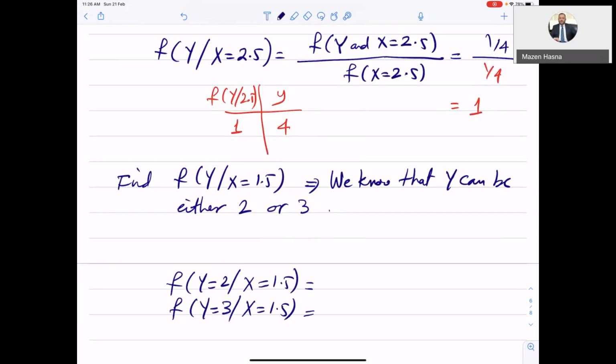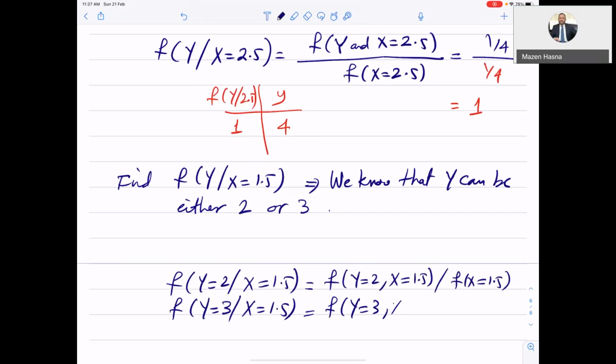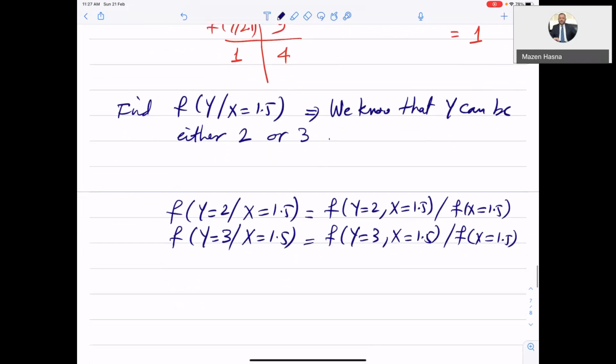The first one is f of y equals 2 and x equals 1.5 divided by f of x equals 1.5. And the other one is f of y equals 3 and x equals 1.5 divided by f of x equals 1.5.